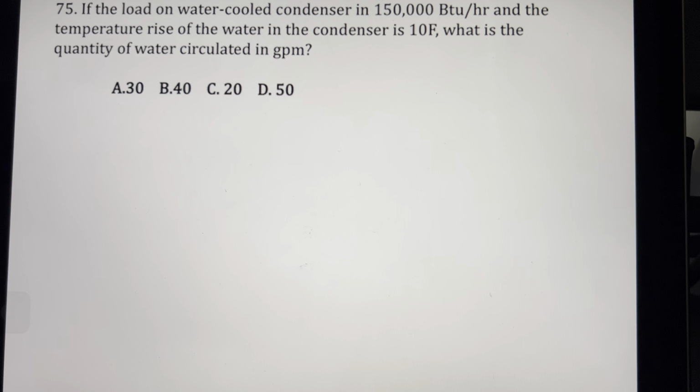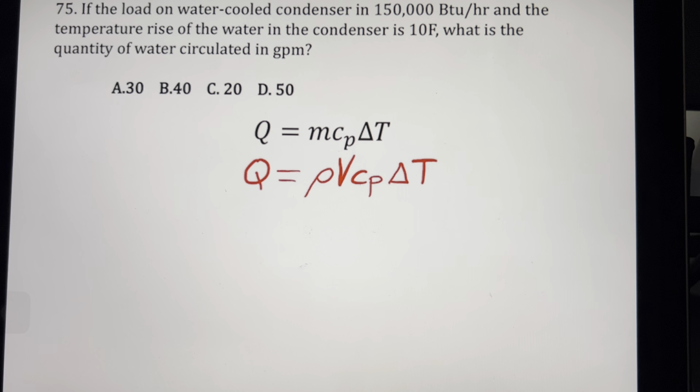Just a formula of m Cp delta T. But as you can see, we are asked for the quantity of water in gallons per minute, meaning that is the volume flow rate. But we should all know that volume and mass are related through density, because mass is density times volume. That would be rho V Cp delta T. That's another formula for sensible heat in terms of volume.